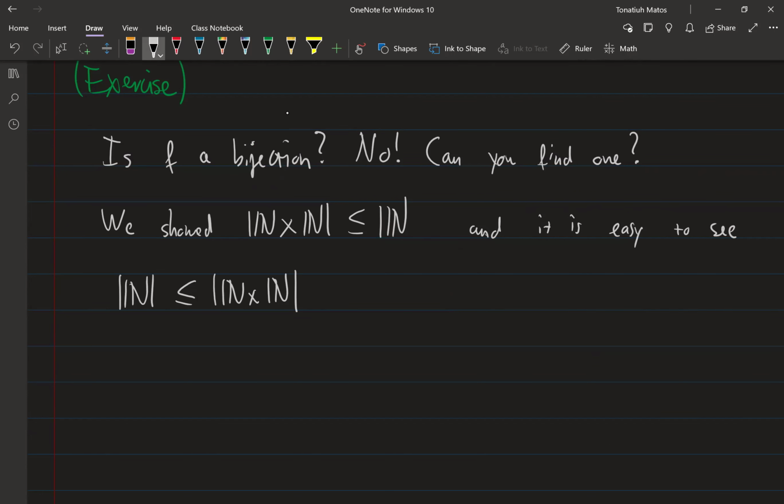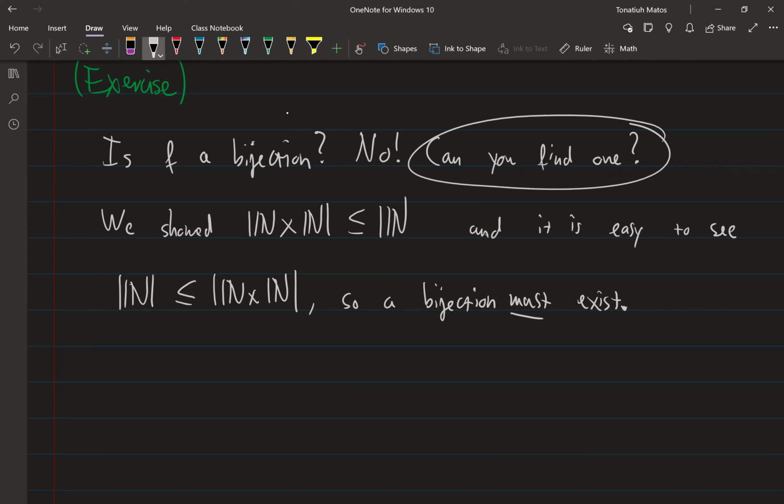N is like a row of this n cross n grid. So it's just one of the rows of this plane. So a bijection must exist because of antisymmetry, right? But the question remains, can you find one? I mean, sure, I can prove that one exists, but can you give me one? How do I make sure that every hotel room has exactly one person?